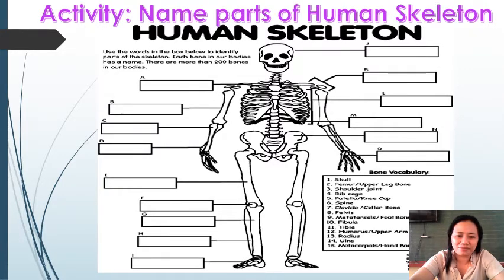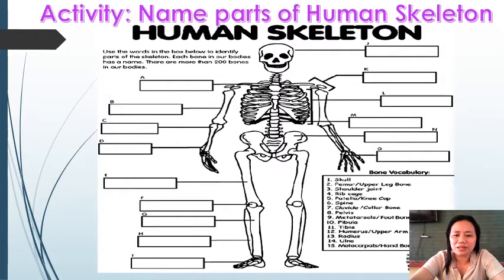Number 5, kneecap. Number 6, the spine. Number 7, the collarbone. Number 8, the pelvis. Number 9, the foot bone. Number 10, the fibula.